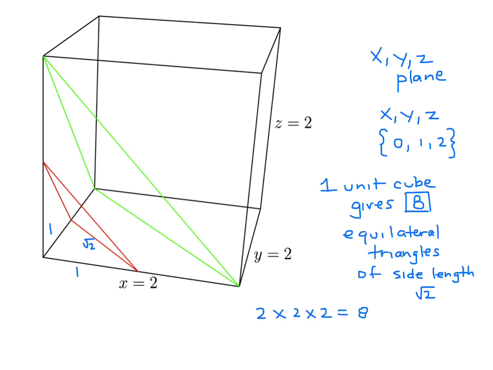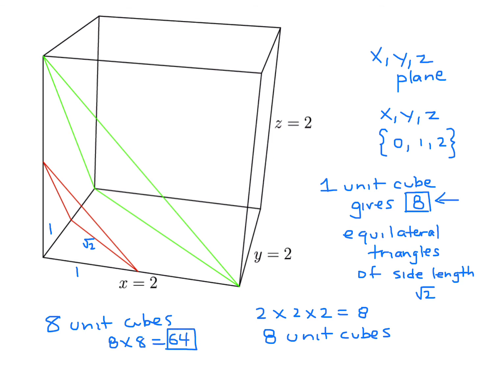So that's 8, right? So if you have a cube of volume 8, that is 8 unit cubes. And since each unit cube gives 8 equilateral triangles, 8 unit cubes will give 8 times 8, 64 equilateral triangles.